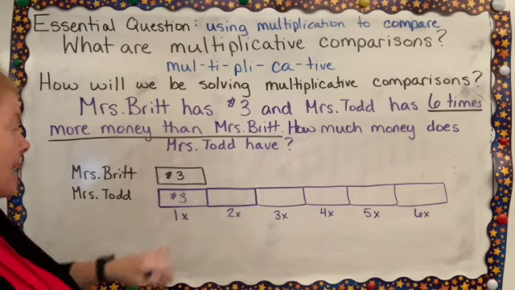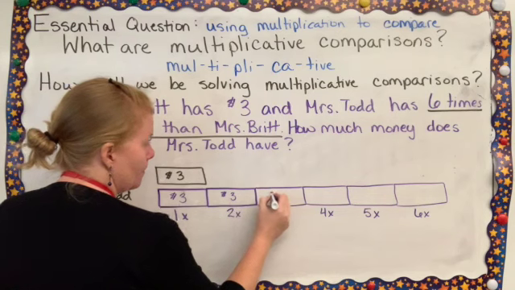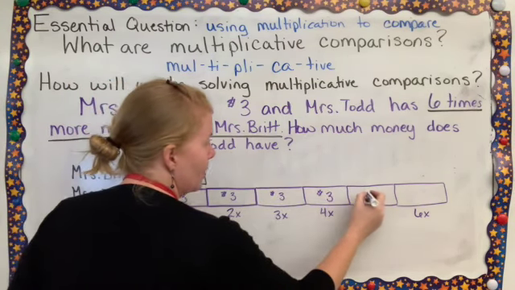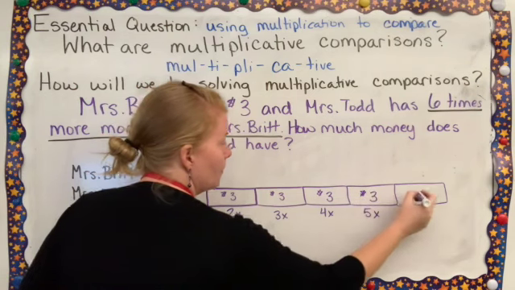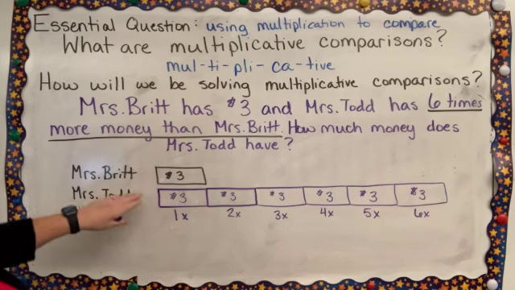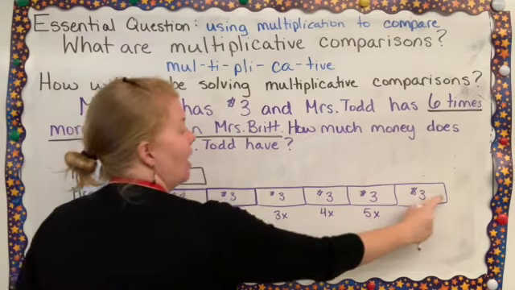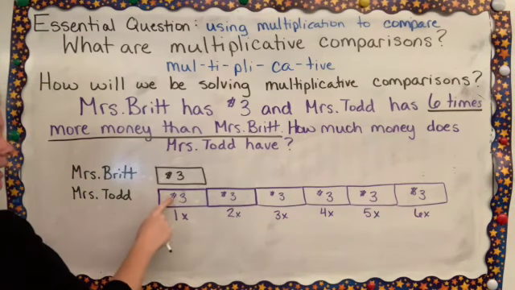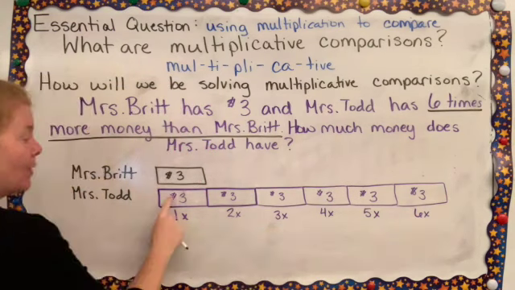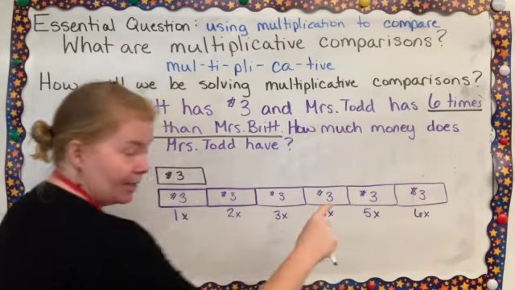So each bar is worth $3. That's my dollar sign, by the way. So when I look at this, I know Miss Britt has $3, and this is how much Miss Todd has. She has $3, but she has it 6 times. So it's 3, 3, 3, 3, 3, 3.